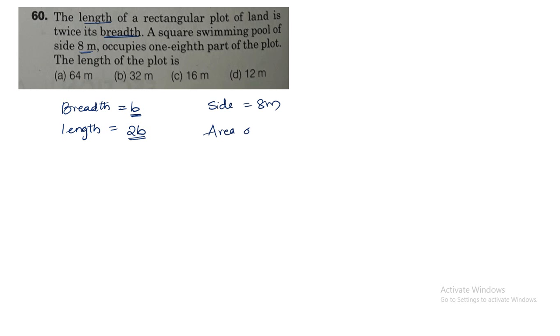The area of the square, a square swimming pool of side 8 meters, occupies 1/8 part of the area of the plot. So this is the condition that he has given.